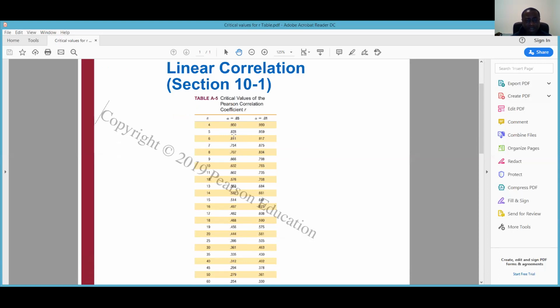And so the critical value at alpha equal to 5% is plus or minus 0.878. If alpha is 0.01, then that is going to be plus or minus 0.959. These will be your critical values. So we'll use this again.